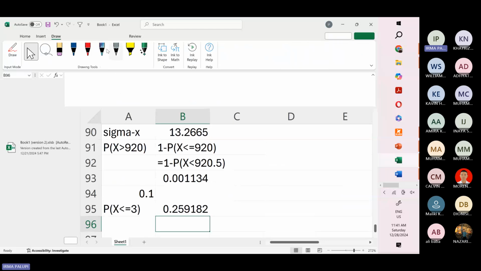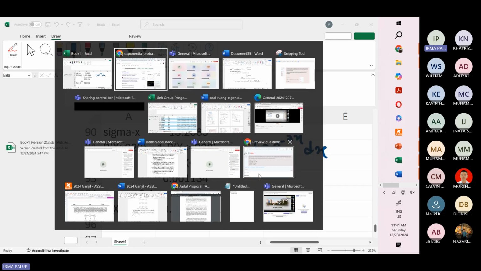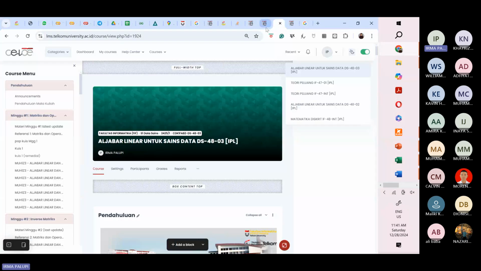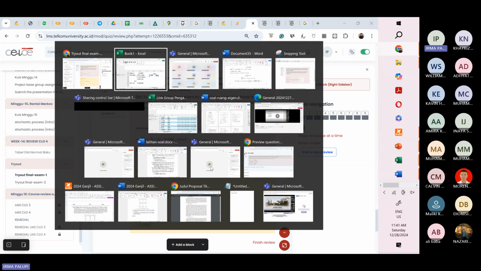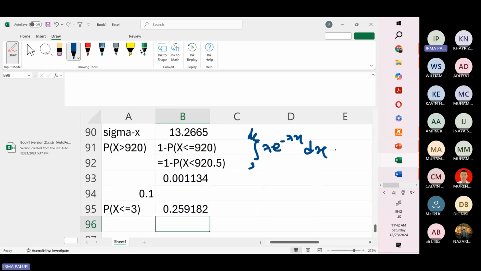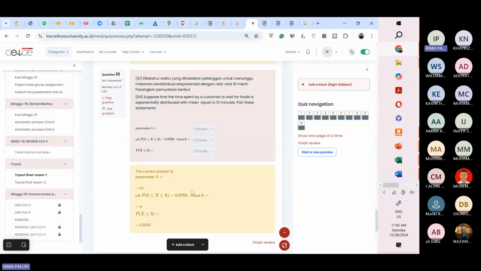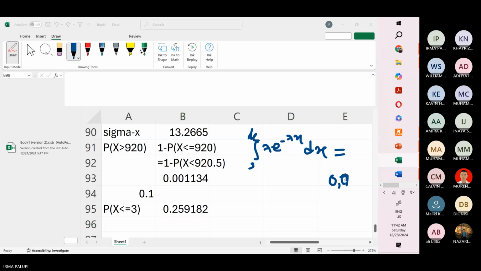So we have x, right? And in the problem, this is from 3 to k, and we need to find what k is, such that this is 0.0705.